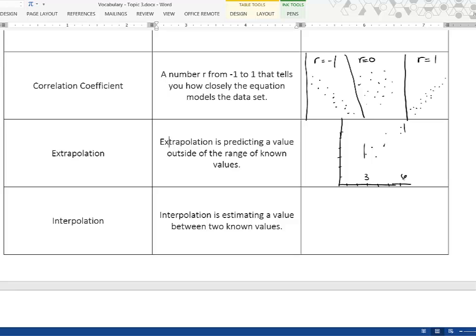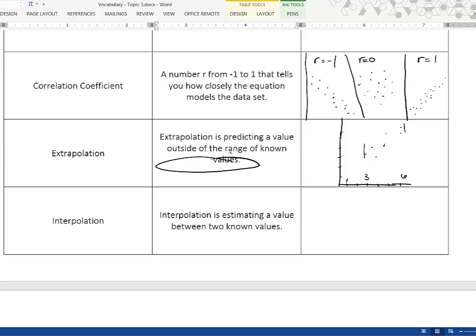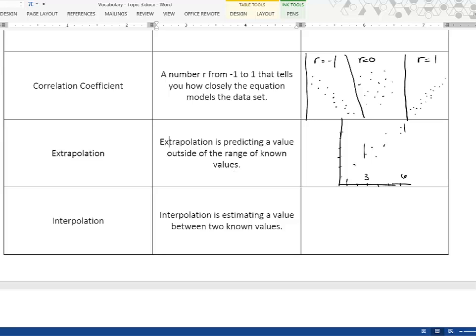But let's say we have a question that says, what is the data at 1? Well, we'd have to estimate, and it's going to be outside the range of known values. Thus, it's called extrapolation. So if we're estimating outside that box, then it's going to be extrapolation.